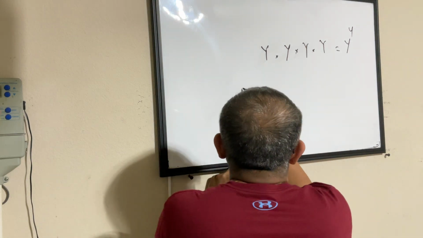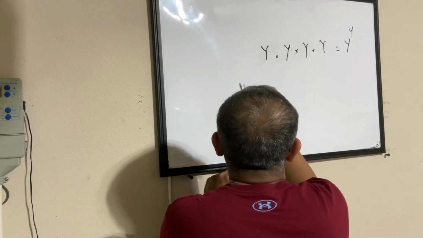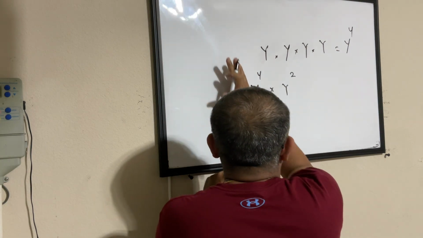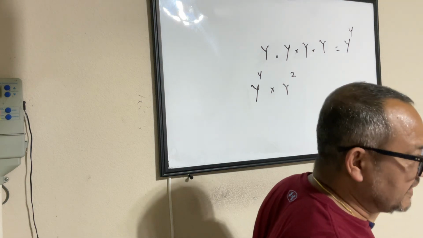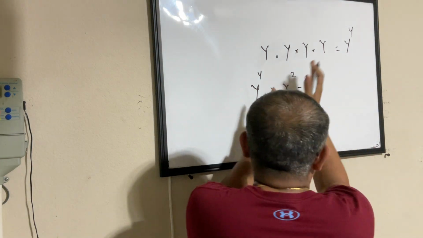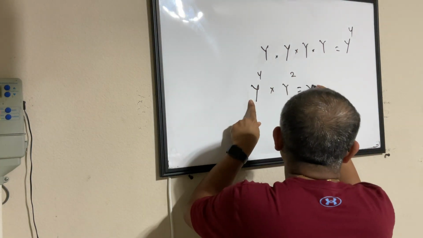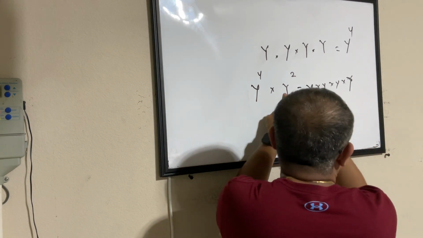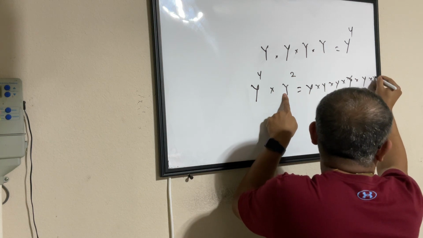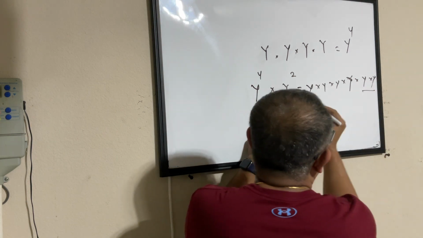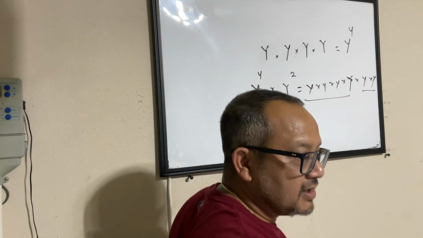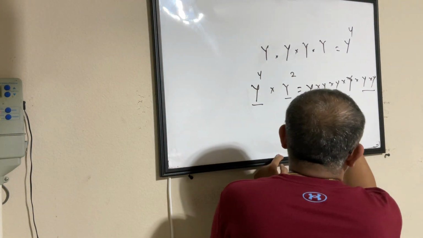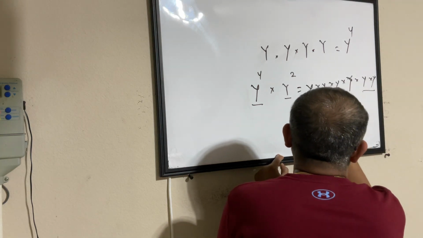If I say y to the power 4 into y to the power 2, Pranit will say y to the power 6. It's very simple, but I will go in a simple way. y to the power 4 is y into y into y into y, 4 times. And then I have y squared, that means again y and a y. These 2 y's are for this one, these 4 y's are for this one. So now if I look at it, it becomes 1, 2, 3, 4, 5, 6. y to the power 6.